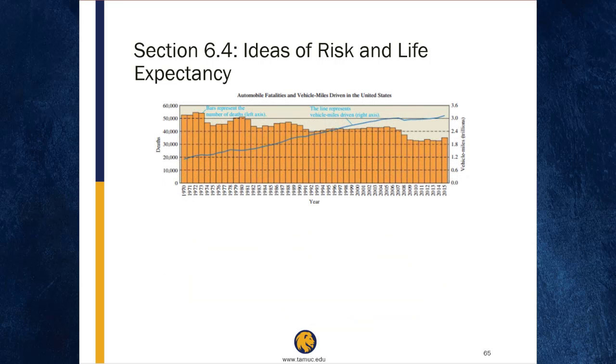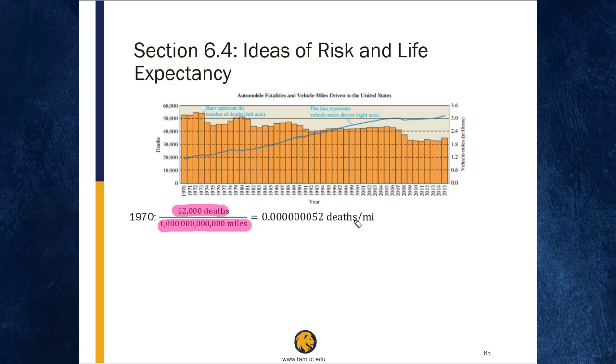Here's how we calculate the fatality rate, starting from 1970. We take the number of deaths, 52,000, divided by the number of miles driven, 1 trillion miles. Dividing 52,000 by 1 trillion comes out to be a really, really small number, 0.000000052 deaths per mile.